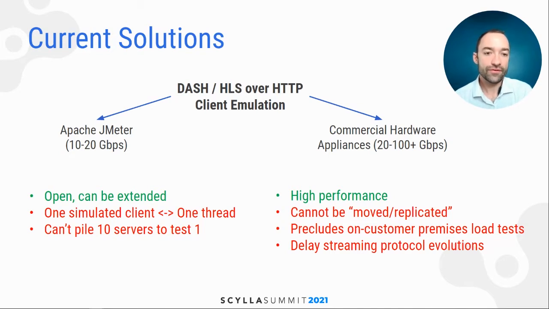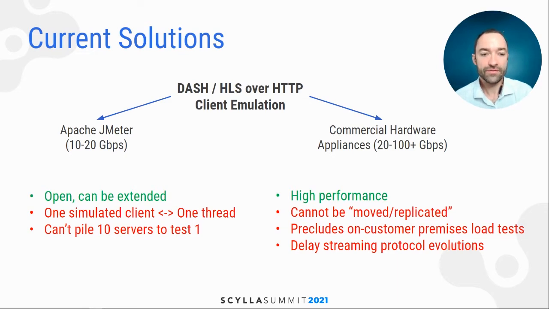We are also offered commercial hardware appliances that can target in the range of 20 to 100 gigabits per second, depending on the protocol and on the appliance that we use. Those are high performance, which is great. However, they cannot be moved or replicated. By replicated, I mean that we cannot replicate them infinitely and have one for each team, each developer. And they cannot be moved, which means that the tests must be performed on our premises, in Rennes, in France.